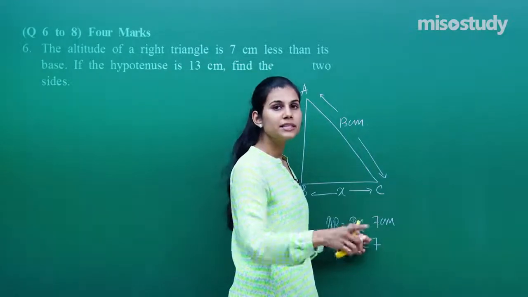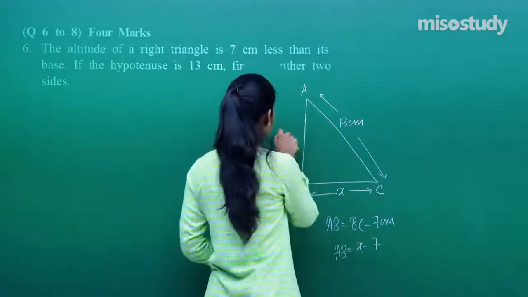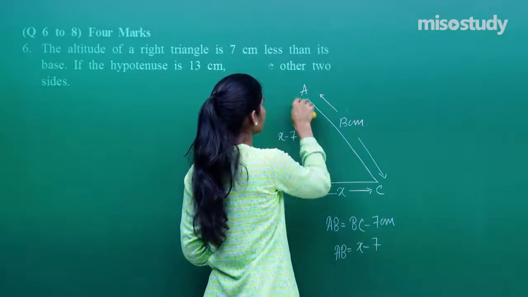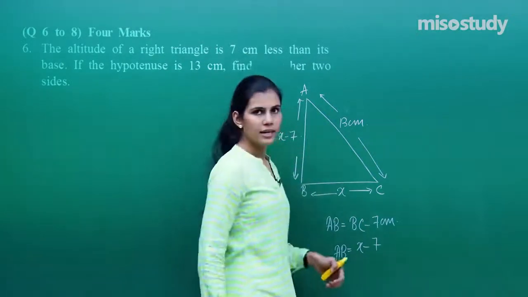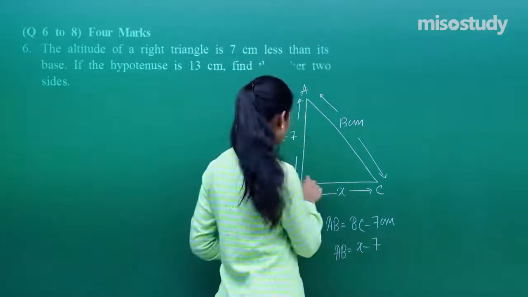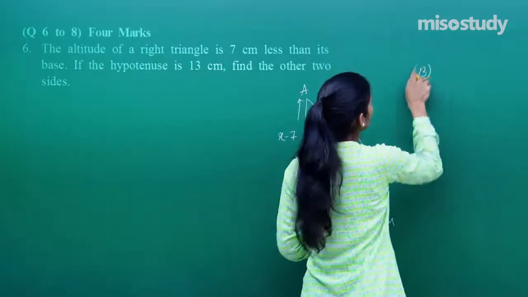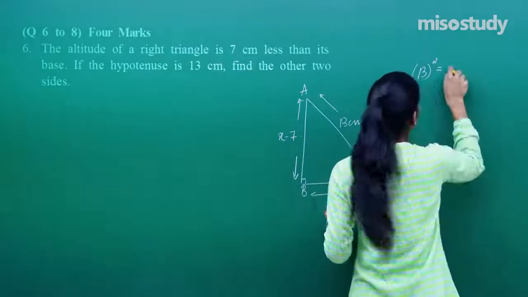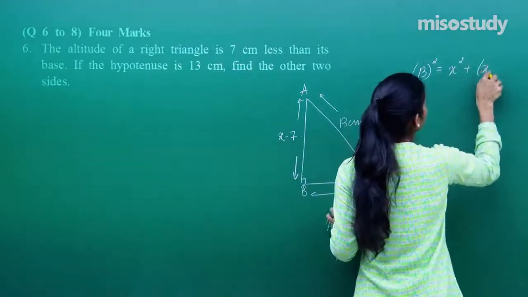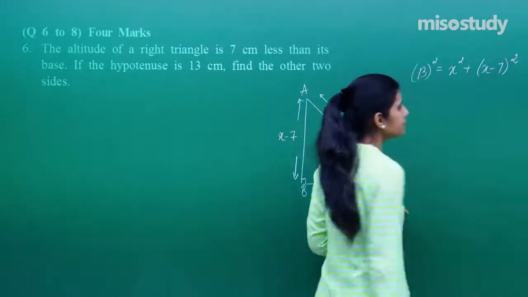So that gives me AB is x minus 7. I have to find the value of x. Of course, if it is a right angled triangle, I will use the Pythagoras theorem. Hypotenuse square is equal to base square plus perpendicular square.